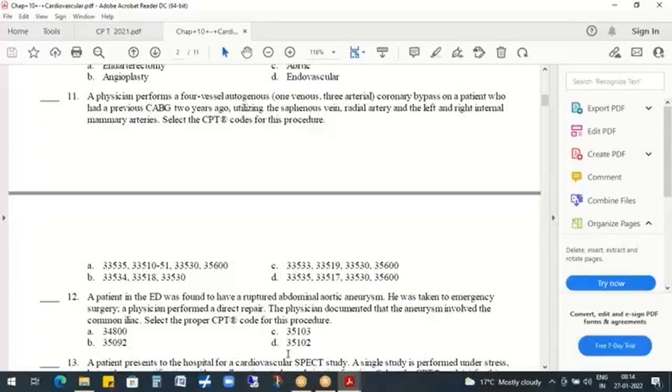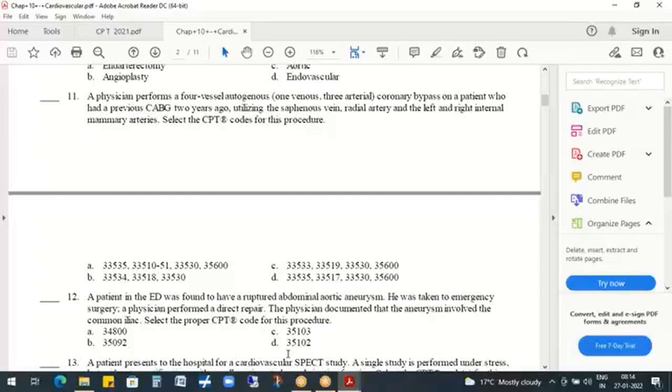Everyone, the answer is D. Any questions in CABG? Is the concept clear? See here, what arteries did they code? Radial artery only they coded.